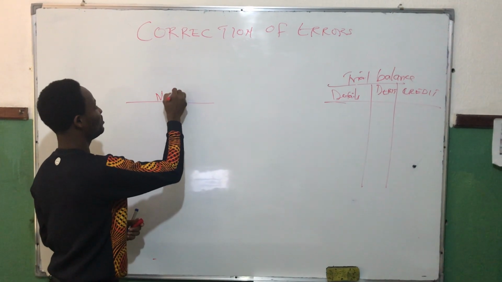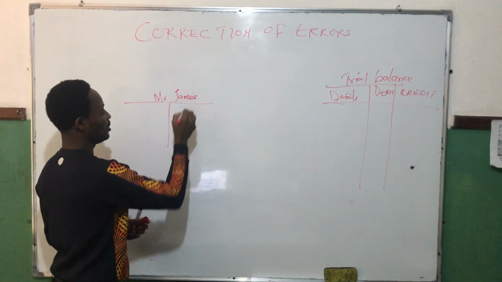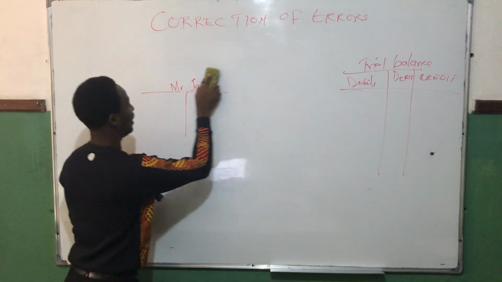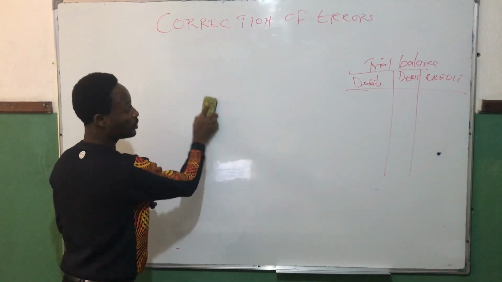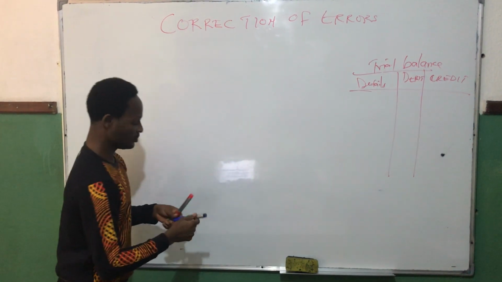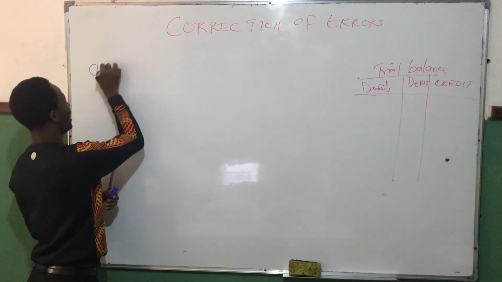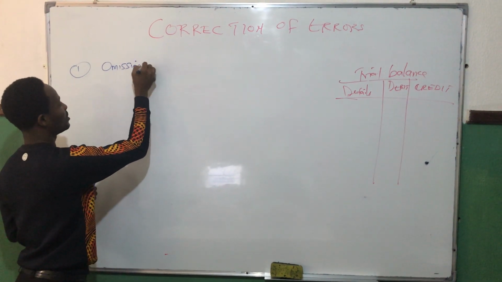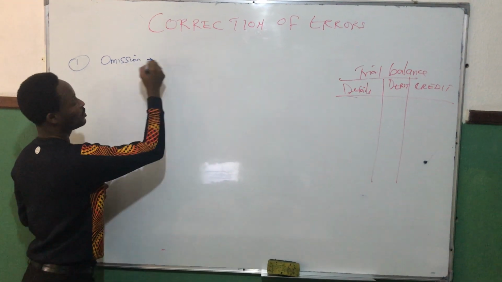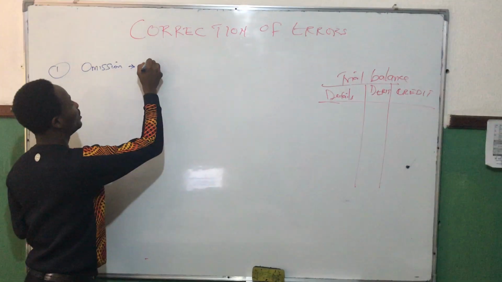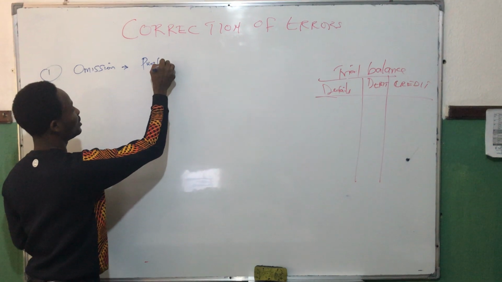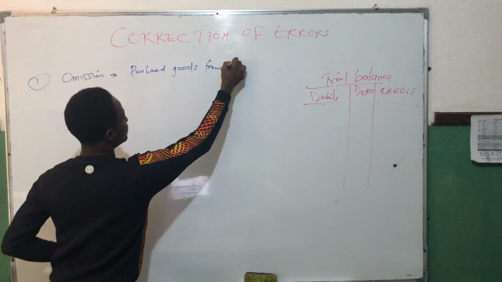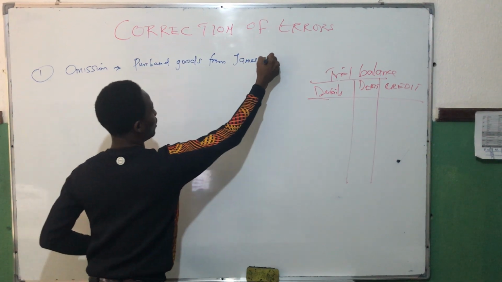Mr. James' account and the purchases account. Okay, sorry, let me switch to a blue ink marker. I feel it's going to be deeper for you to see out there. Okay, the error is omission, and the transaction omitted was purchased goods from James on credit.